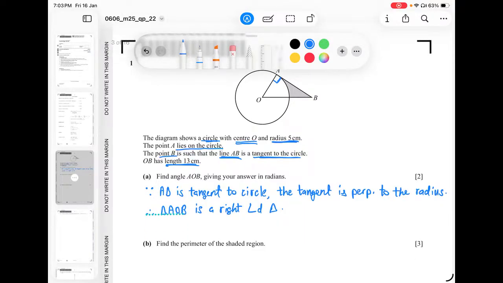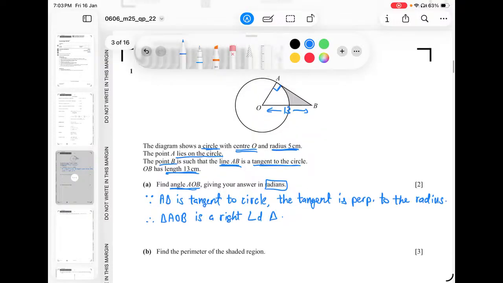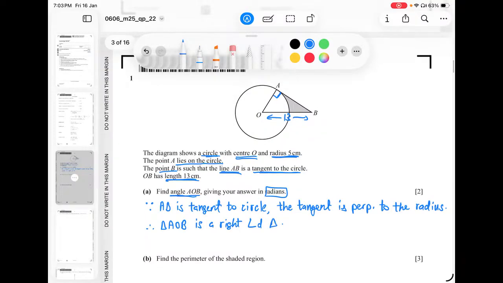From this, you have been given the information that OB is 13, so this is 13 centimeters. And they're asking you to find the angle AOB in radians. So AOB is basically this angle you need to find, theta. And you know that OA is going to be 5 because that's your radius.